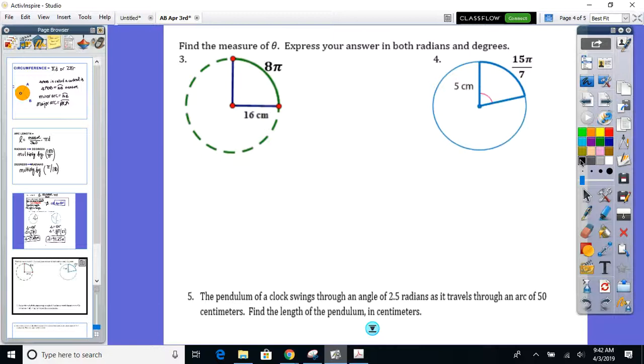Is it easier to solve for X in this equation or for theta in S equals theta R? Okay, then why don't we use this one? Do you know the arc length? Yes. So I put 8 pi here. Do we know the diameter? So you could use the other, but it's going to use some heavy algebra, versus this one right here.